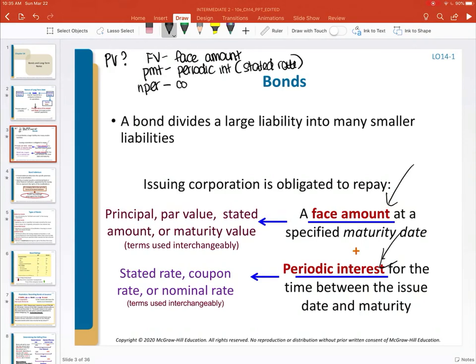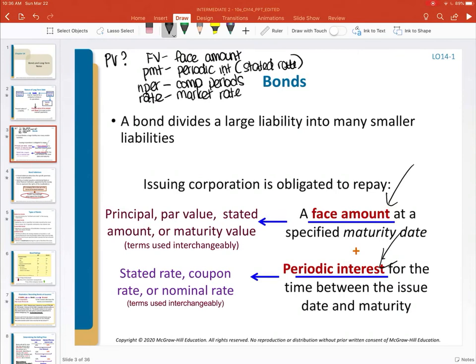So NPER is going to be our compounding periods, and usually it's going to be once per year, or we would have to say, okay, if it's semi-annual and say we have a 5-year bond, then it would have to be 5 times 2, which is the number of times it's compounding per year. So in that case, the NPER would be 10. So you'll see how we walk through that in a number of these examples. So future value, payment, number of periods, and they're going to be asking us for a rate, and that in these instances is going to be the market rate of interest.